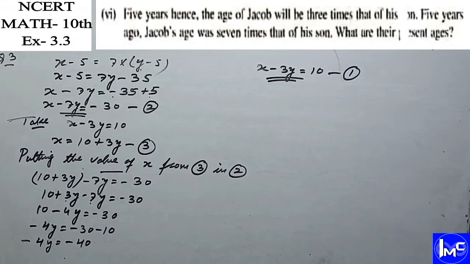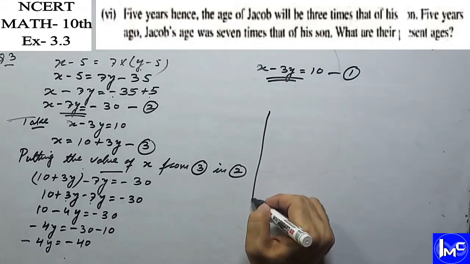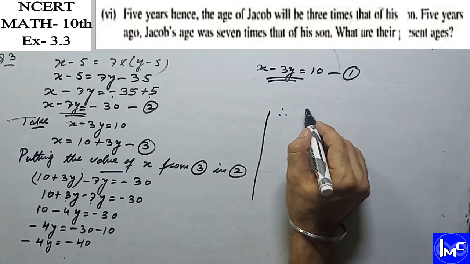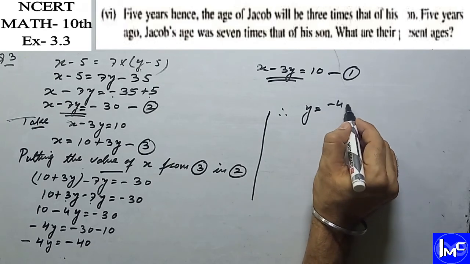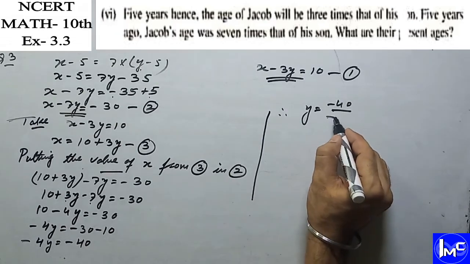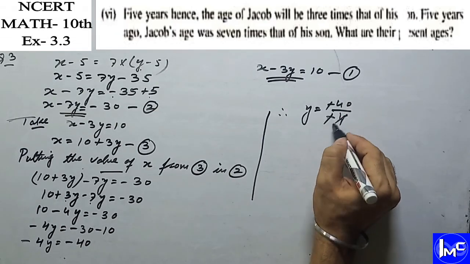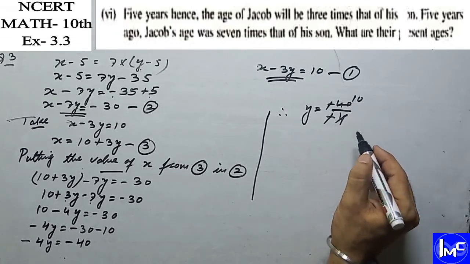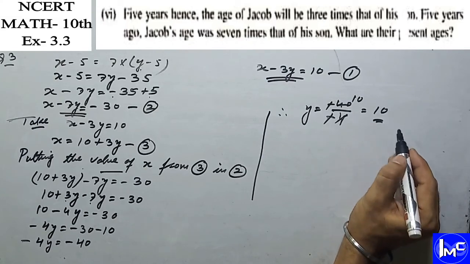And now we will simplify, and so y will be minus 40 over minus 4, minus minus plus, and this is 10, 4 tens are 40. This is the value of y.